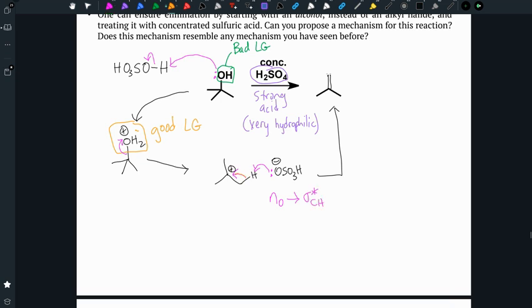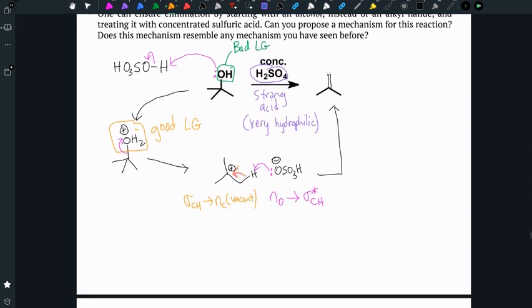Meanwhile, I have sigma CH donating to the empty p orbital on carbon. And I do my elimination. So this is a case where I do E1 mainly because I can't do SN1. I don't have a nucleophile around to do SN1.